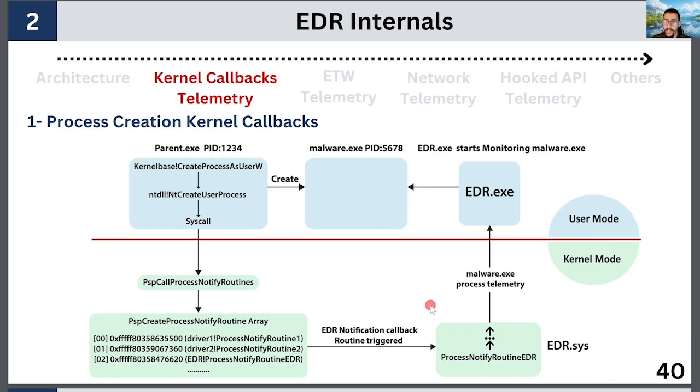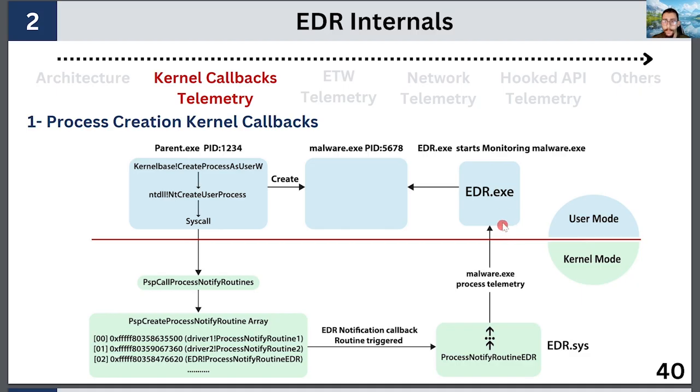And extra information like security token information to identify privilege level and integrity. The collected telemetry is then sent to the EDR user mode process EDR.exe for further analysis, or written to an ETW session. Then EDR.exe can consume it from that session.